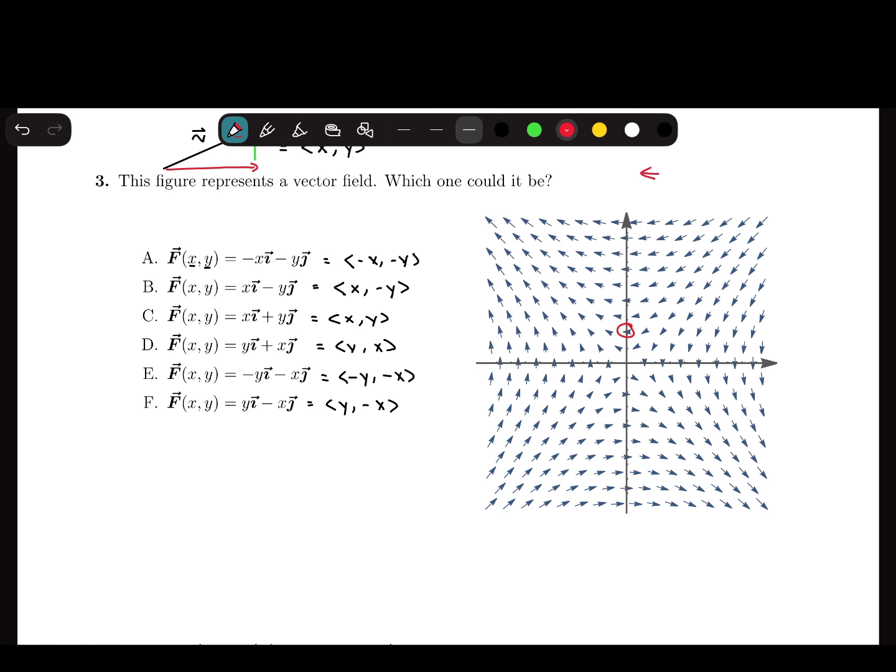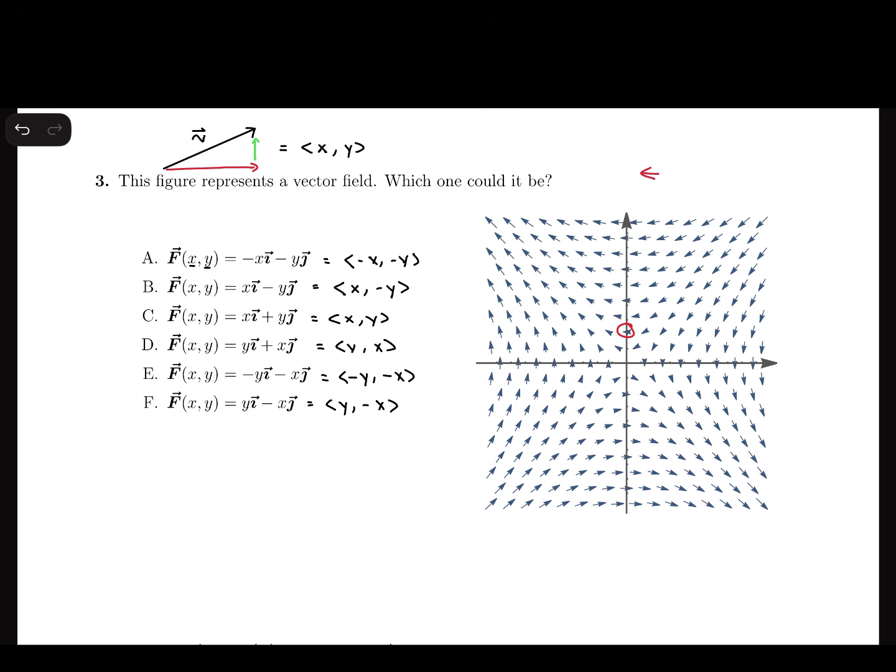This vector is at the point 0, comma, positive 2. And the actual vector at this point is a negative x and a 0 y, because as you can see, it goes in the negative direction for x, but it doesn't go up or down in the y direction.